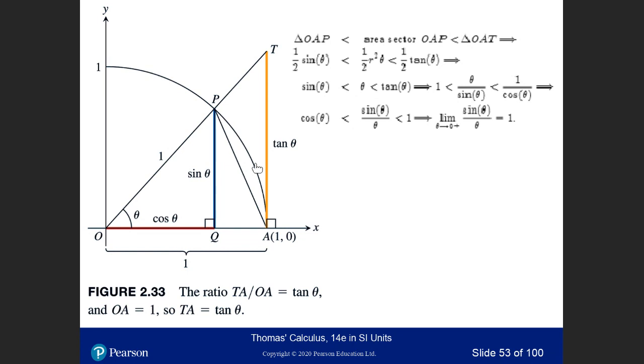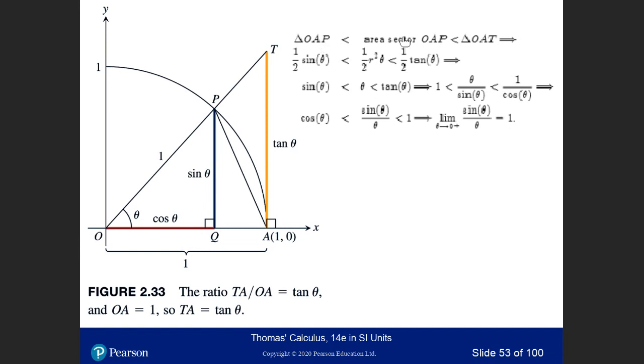There's this triangle OTA, the area of this triangle. So let's look at each different area. Now for triangle OAP, the height is sine theta and the base is 1, so 1 over 2 sine theta is the OAP area.